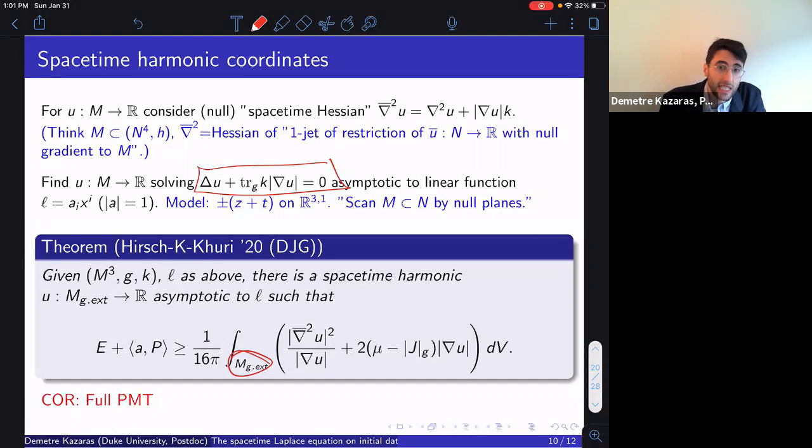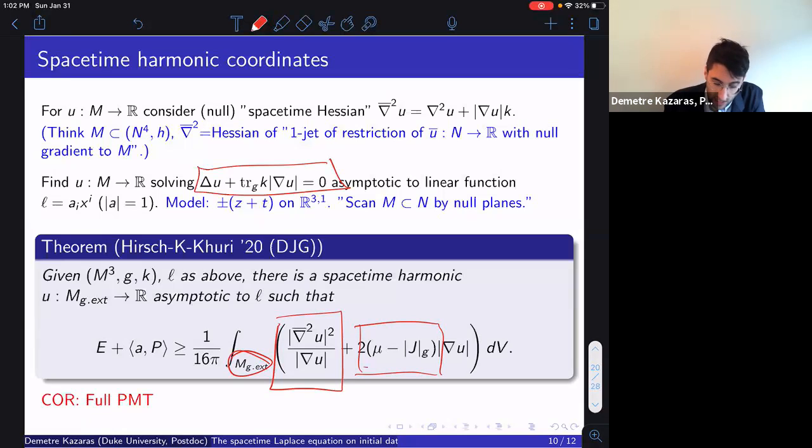So that the energy of the initial data set plus the part of the momentum that points in the direction of the linear function you specified will be bounded below by the space-time Hessian, replacing the Hessian in the Riemannian case, plus 2 times the dominant energy condition, replacing scalar curvature in the Riemannian case. And then other than that, the formula looks quite similar.